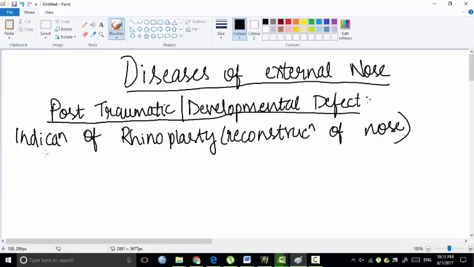Right, so the major 2 indications are, one is cosmetic indication, which is the most common cause which we see in our everyday life.